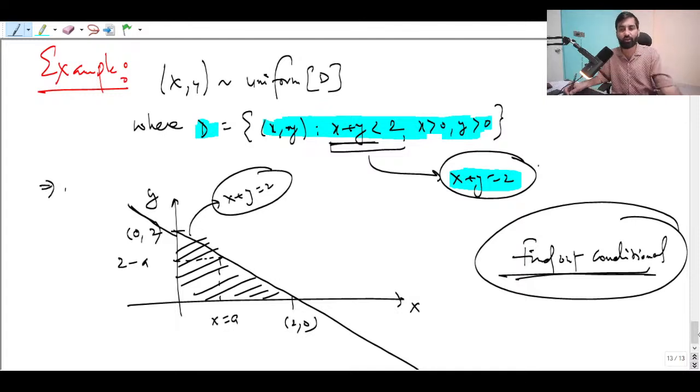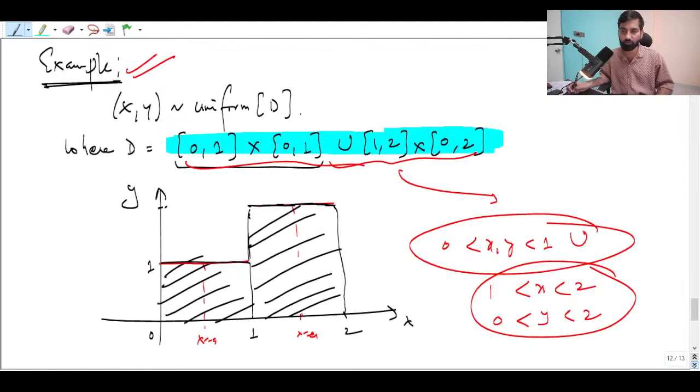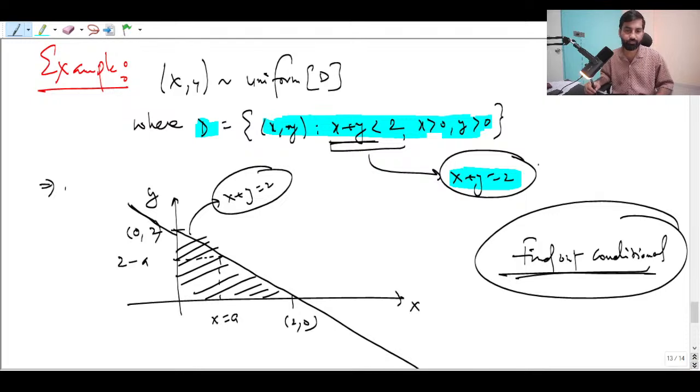For all the questions I have taught, do it by yourself, okay? You can do it, right? Here also find the conditional. X given that y equal to b you take, and that will be uniform. Your conditional density function will be uniform. So you will have to do all these things.